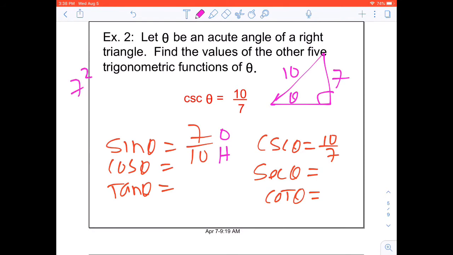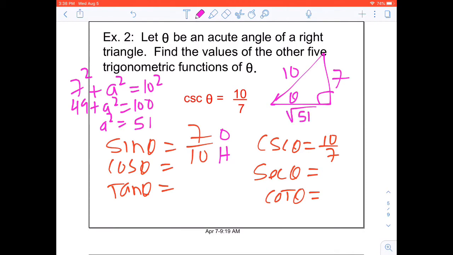This time I know the hypotenuse, so it's 7 squared plus my adjacent side squared is going to equal 10 squared. So 49 plus a squared is equal to 100. So a squared is going to be equal to 51. So a is equal to root 51. And I don't believe there's a perfect square that goes evenly into 51.